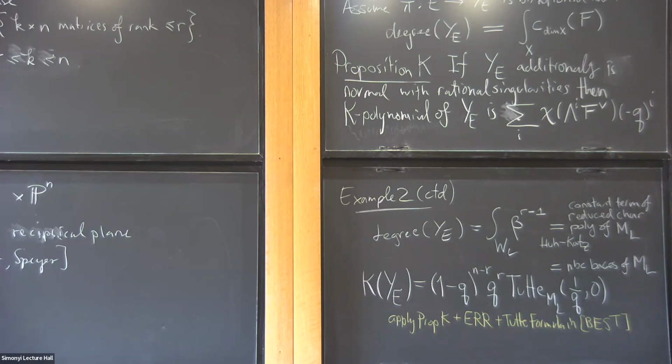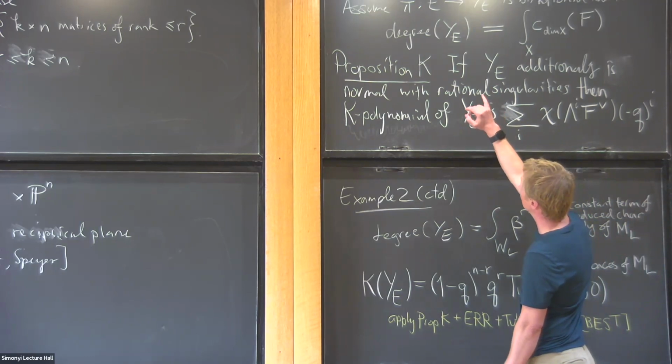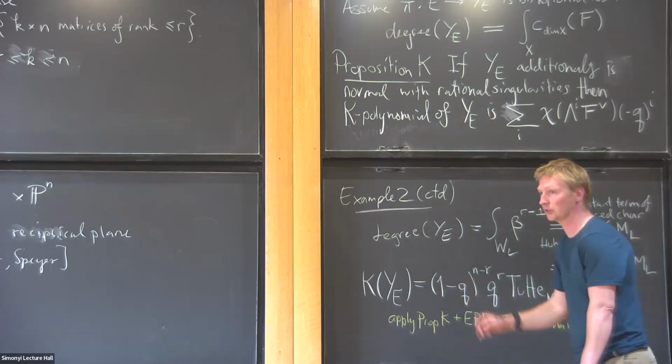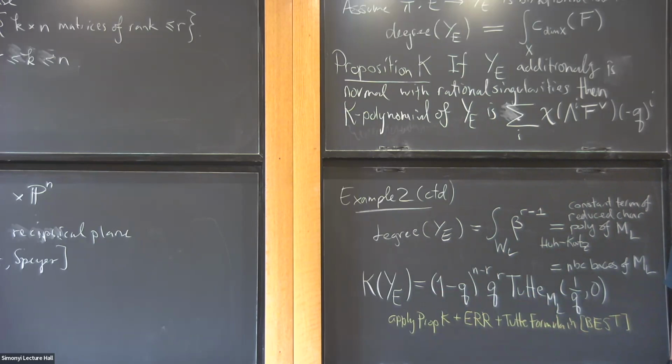And in that case, you can compute the left-hand side, the degree or the K polynomial, using some other methods. And then you can learn things about Euler characteristics of exterior powers.